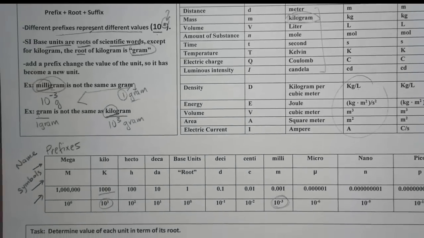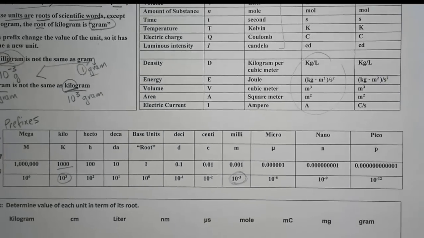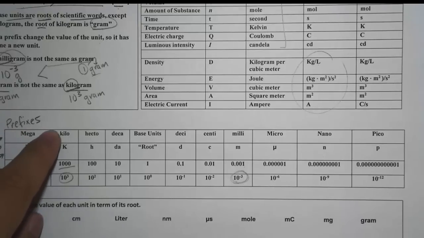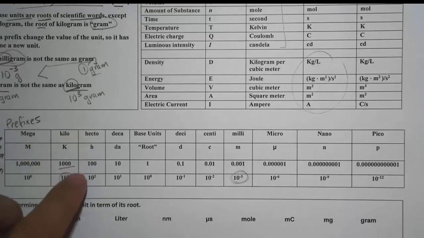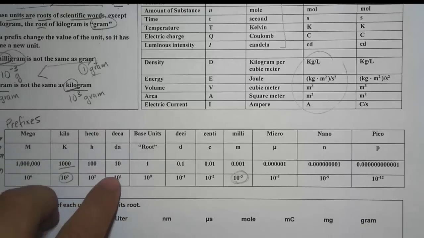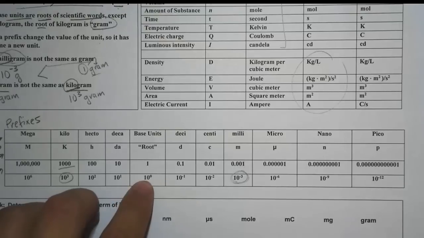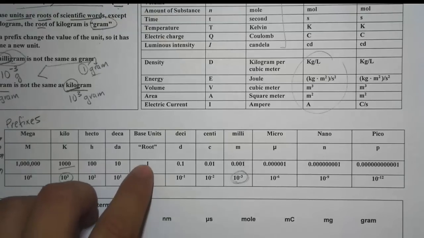Let's do some example problems. But before that, let's look at the table again. We have mega, 10 to the 6th; kilo, 10 to the 3rd; hecto, 10 to the 2nd; deca, 10 to the 1; the base unit, which is the root, 10 to the 0, and anything to the 0 power is equal to 1.